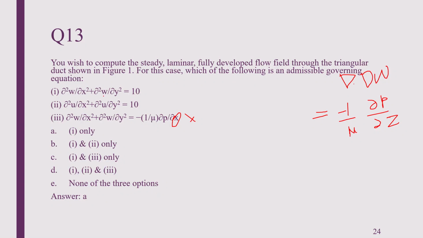And on looking at options 1 and 2, in option 2 the u velocity component does not come into the picture. So option 1 is the right answer, because we can consider that the pressure gradient is a constant, and it would look like this. Option 1, ∂²w/∂x² + ∂²w/∂y² is equal to 10. So this is an admissible form of the governing equation. So option A is the right answer, where 1 only is the right answer.